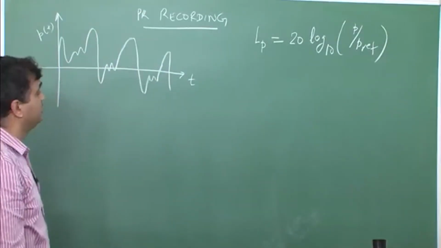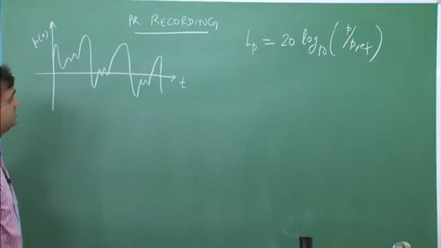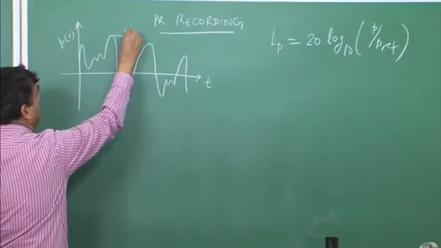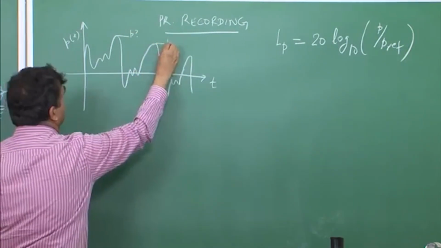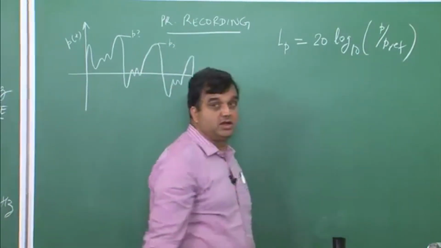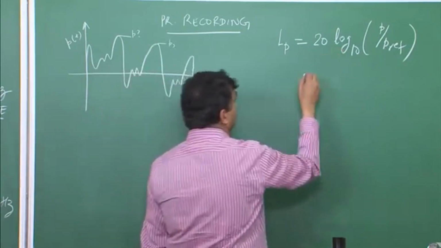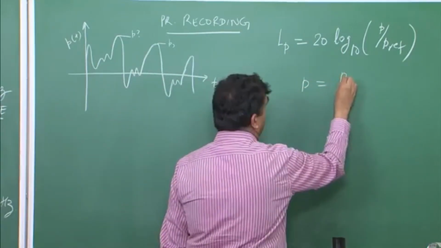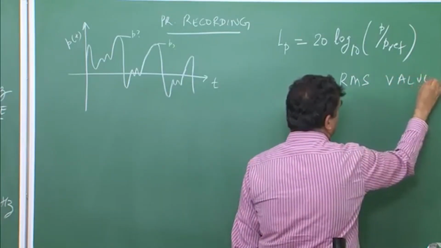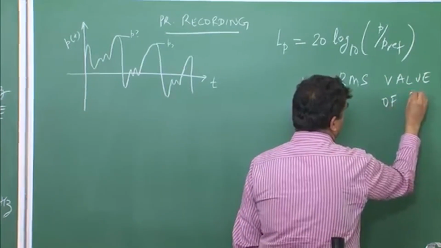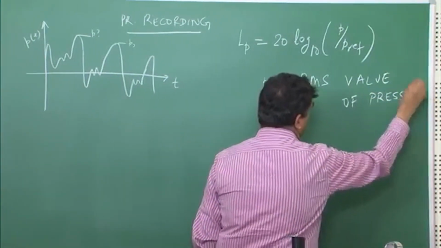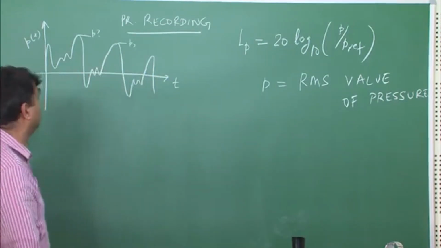I take the log of it on base 10 and then multiply it by 20. So the question is, is this the value of pressure, or is this the value of pressure? Which pressure am I going to put in this formula? And the answer is that this pressure is actually the RMS value of the pressure.